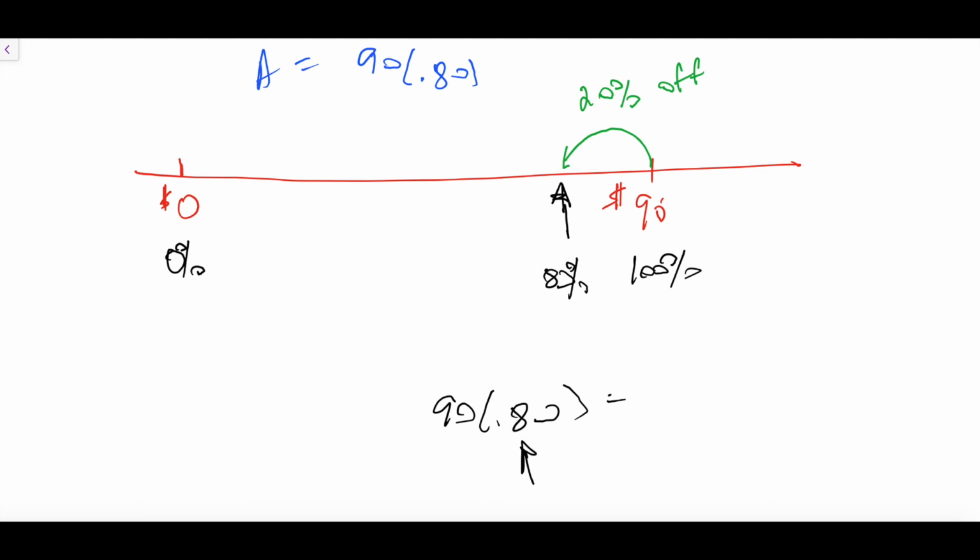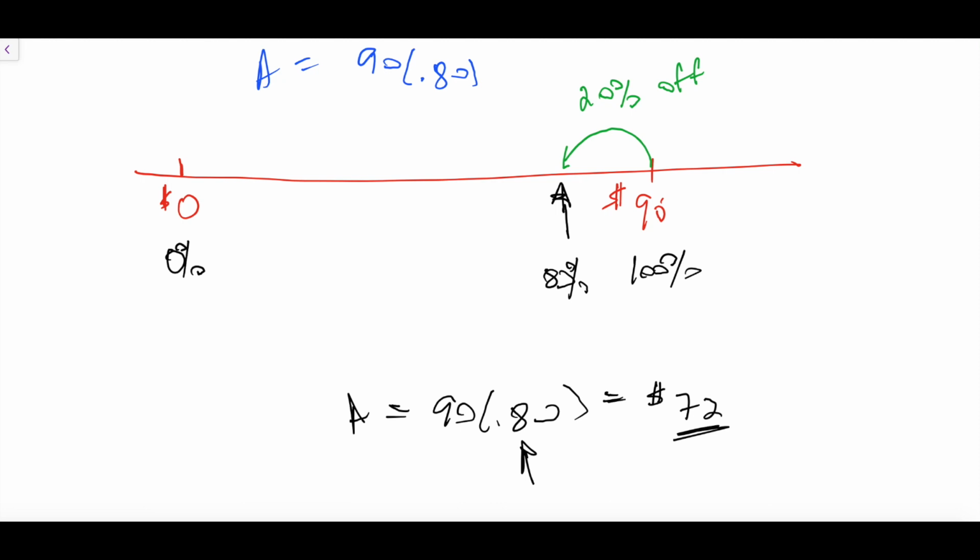You just get your 100 and you get your 1 minus your 0.2 and you get that. It's the same thing. So that's our A. We punch that out and we find our A to be 90 times 0.8, which is 72. And that's it.